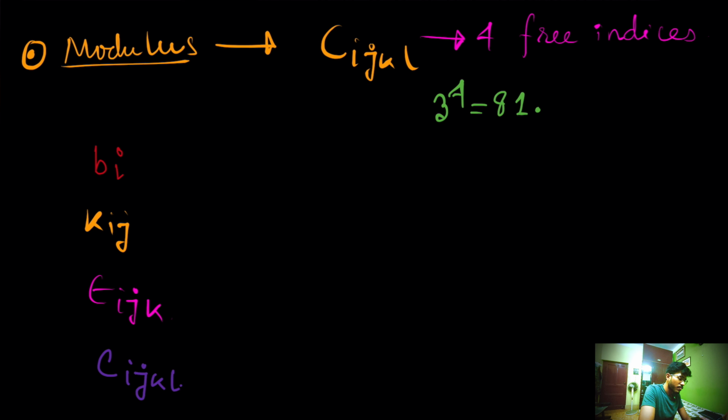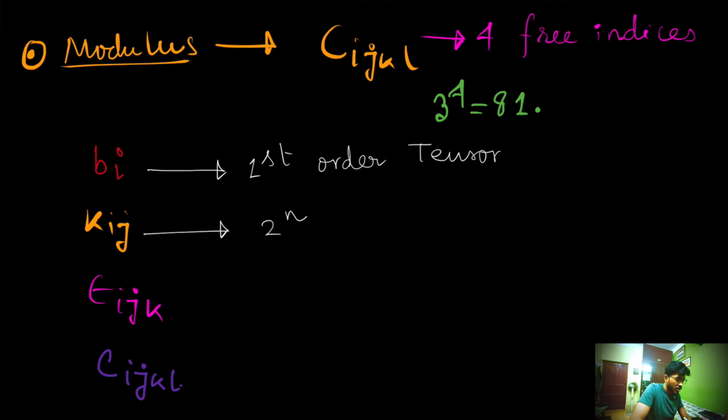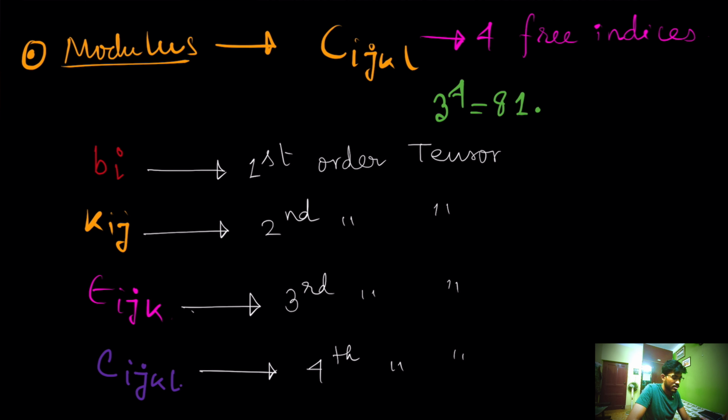So this is a first order tensor. This is a second order tensor. This is a third order tensor. This is a fourth order tensor.